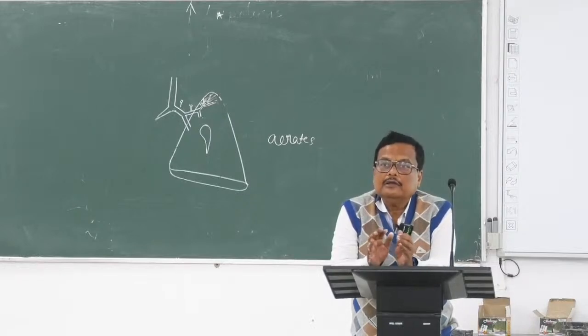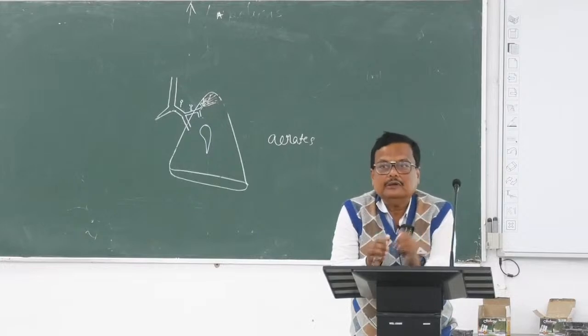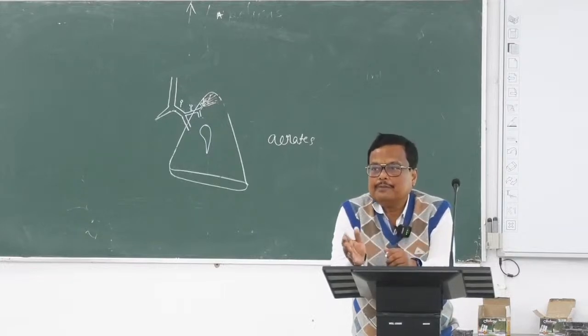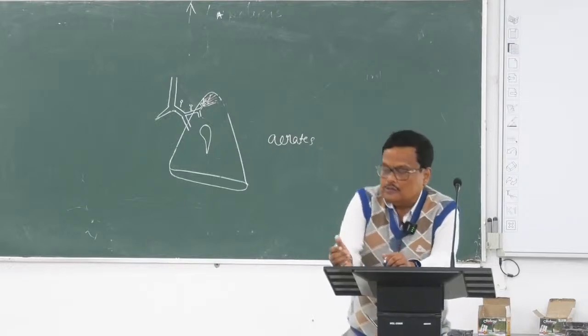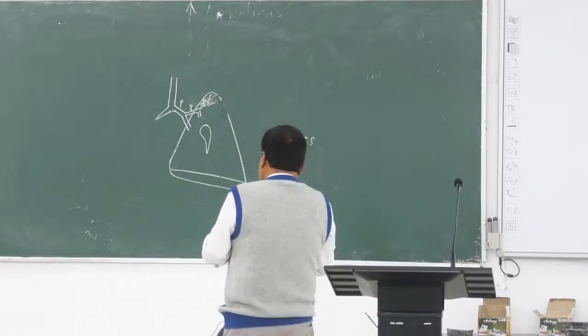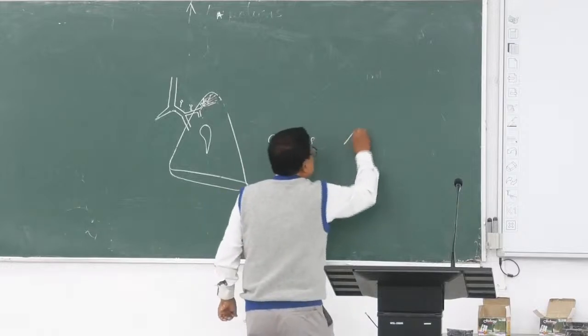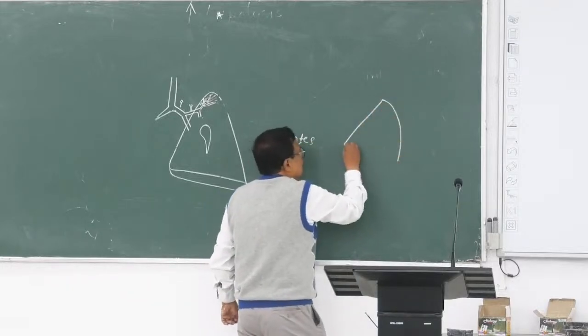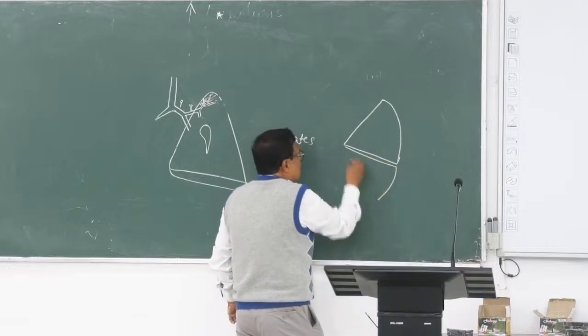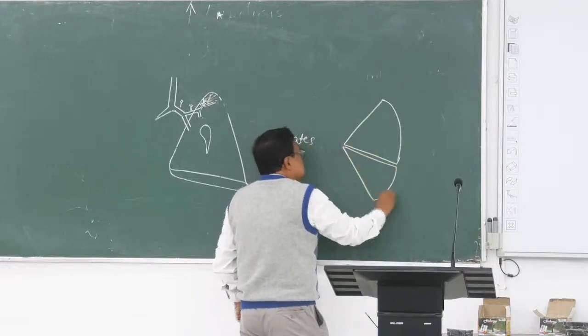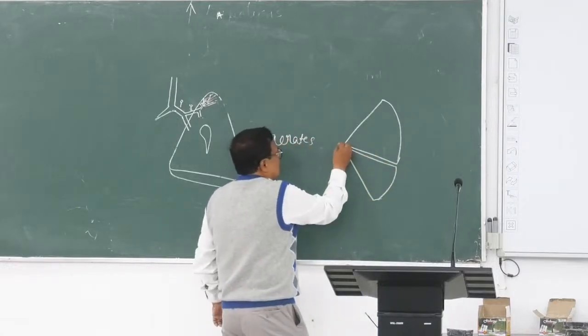But in left lung, the variation is very much frequent. In some person, it may be 8. In some person, it may be 9. In some person, it may be 10. So, suppose this is the segment and there is another bronchopulmonary segment separated by that.